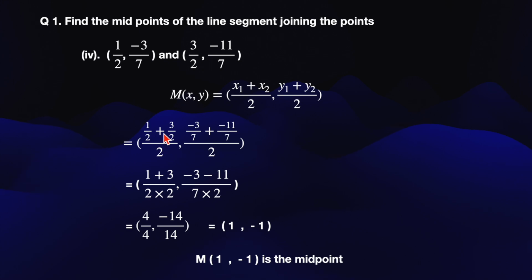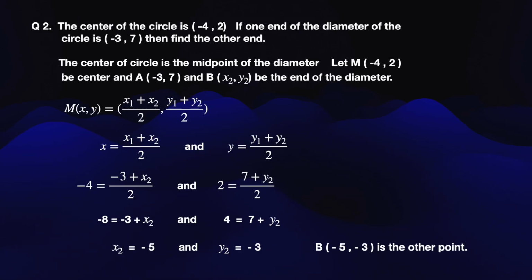It's very simple. You just have to take the LCM here, that is 2. So it will come down like this, 1 plus 3 upon 2 into 2, comma. Here also the LCM is 7, write it in the denominator, minus 3 minus 11, and here you multiply this LCM with 2. Simplify it further, you'll get the answer.